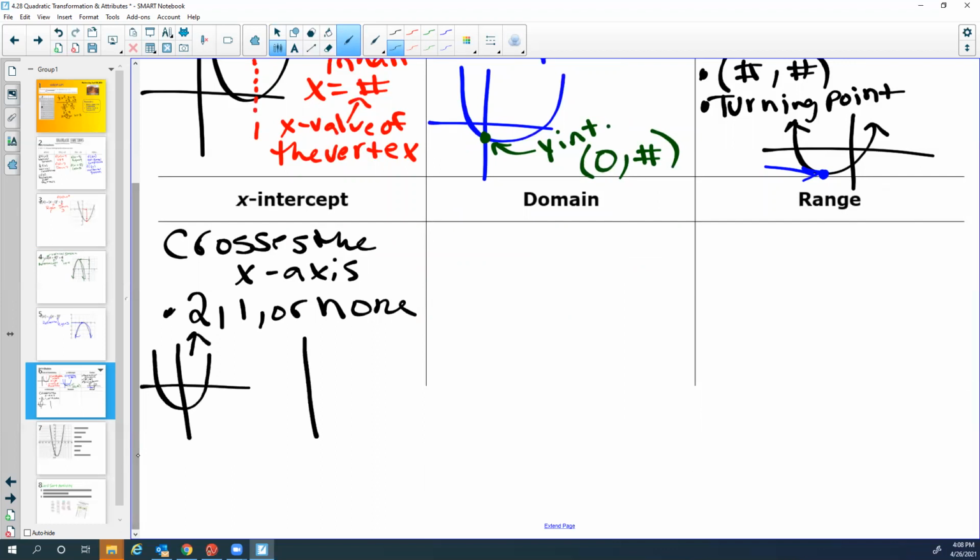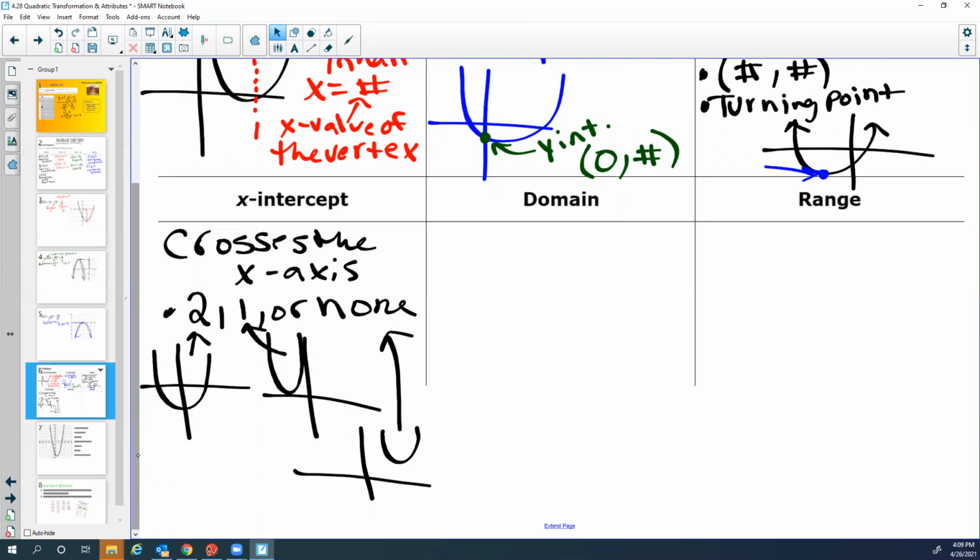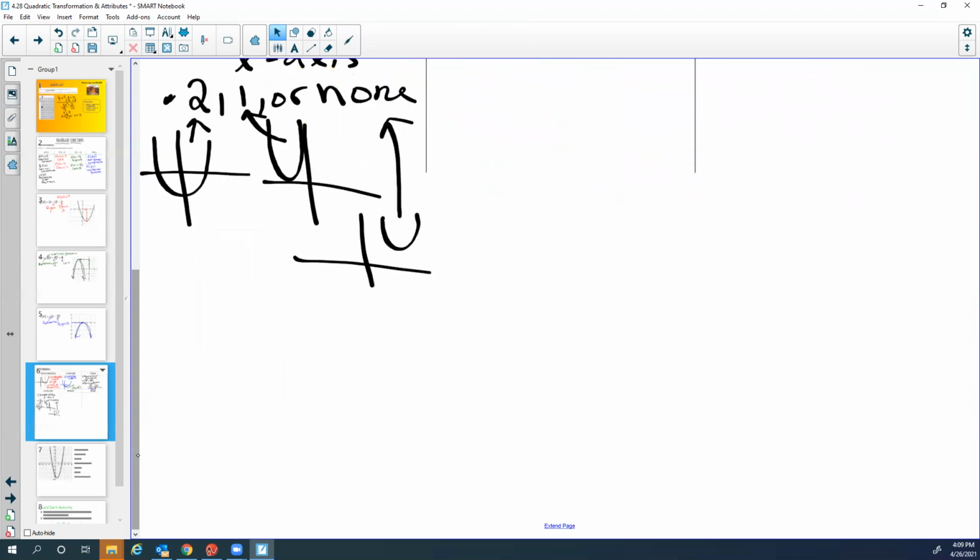If you have 1, it's going to look something like this. If you have none, it's going to look something like this. These x-intercepts have other names as well. Don't forget, x-intercepts can be called roots or zeros.